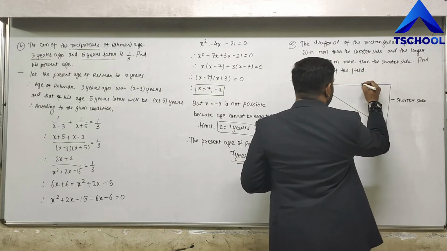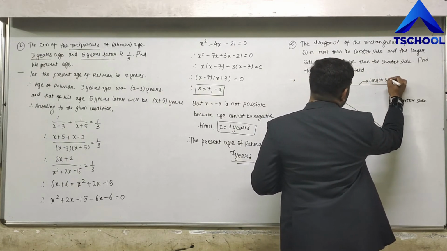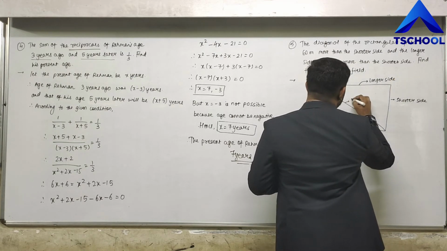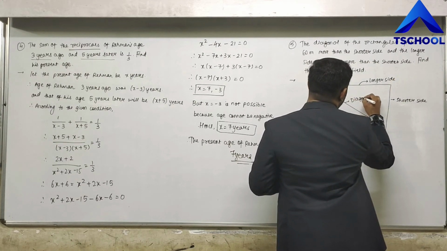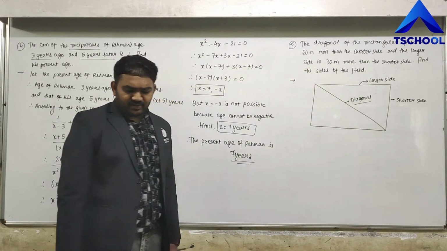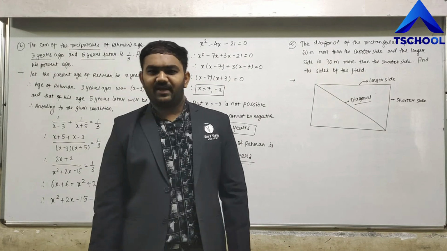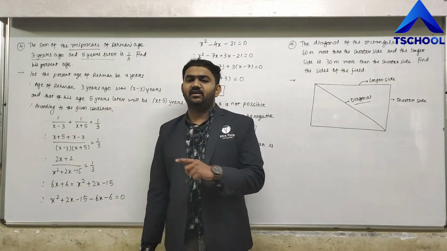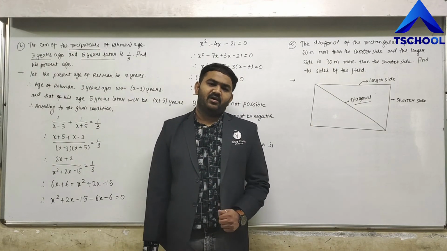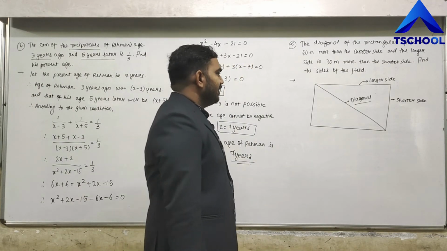Or let us take this as the longer side, and this is the diagonal, right? That means in a rectangle, length will be the longer side, breadth will be the shorter side, and the diagonal connects the opposite ends of a rectangle. So this might somewhat be the figure.